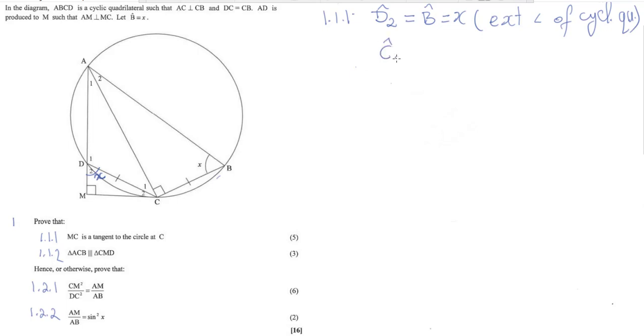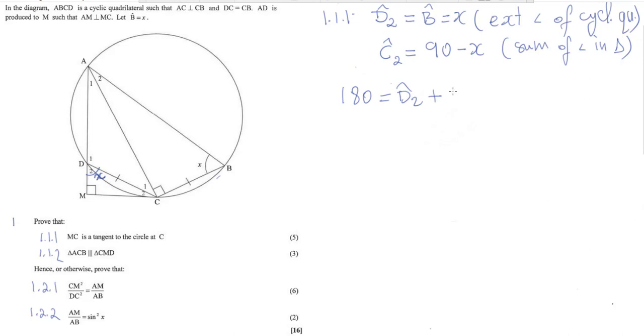The angle C2 is equal to 90 degrees minus X. Why? Because the sum of angles in a triangle should give you 180, meaning that M plus C2 plus D2 should give you 180.